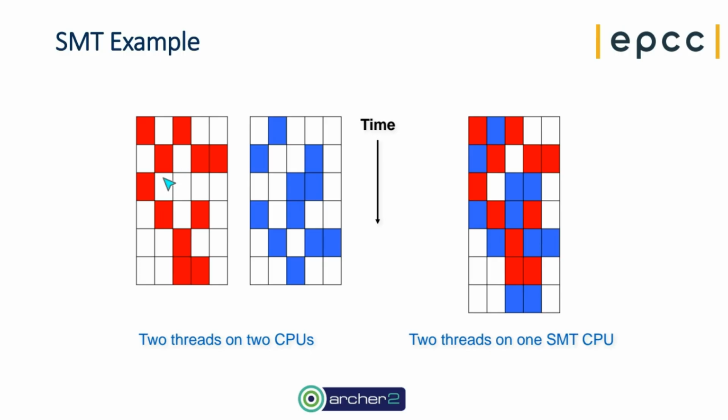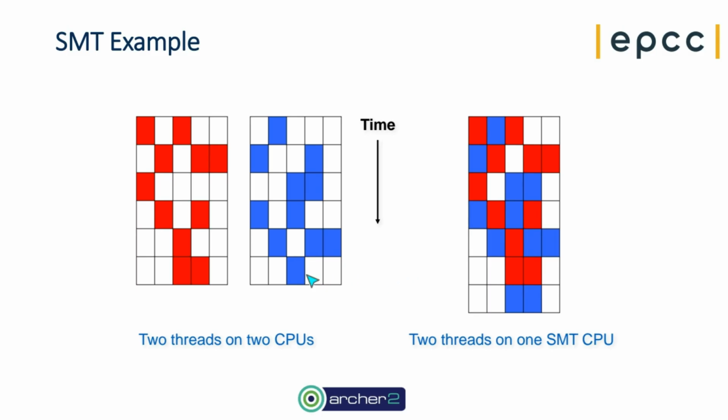So for example, this instruction here can't execute until the previous one is completed. But a different thread running on a different core might have a different pattern of usage of the instruction slots.